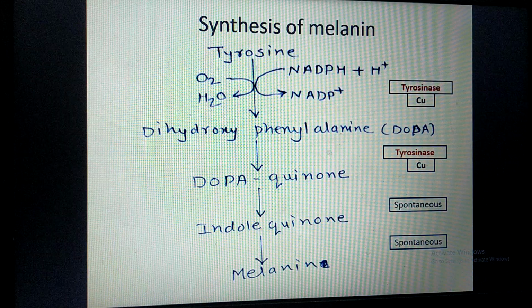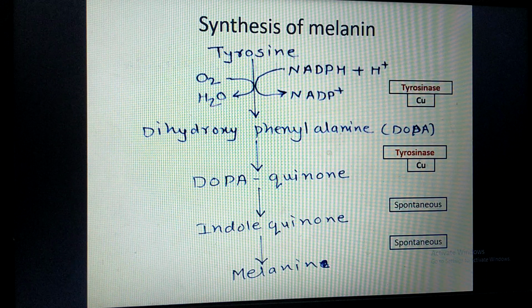Now this tyrosinase is also a monooxygenase type of enzyme which breaks the oxygen molecule into 2 oxygen atoms. 1 oxygen atom is added into the product in the form of a hydroxyl group and the other oxygen atom is added to the water. So here 2 products are dihydroxyphenylalanine and water.